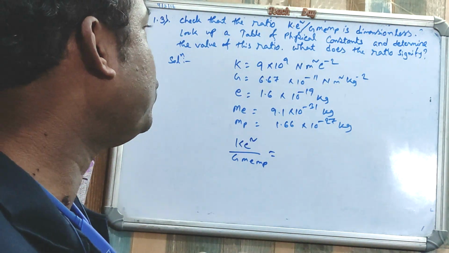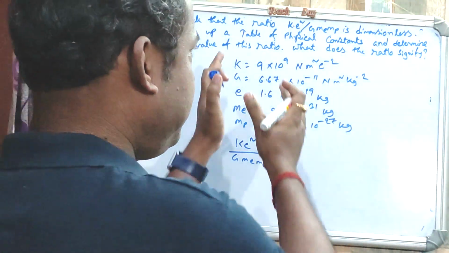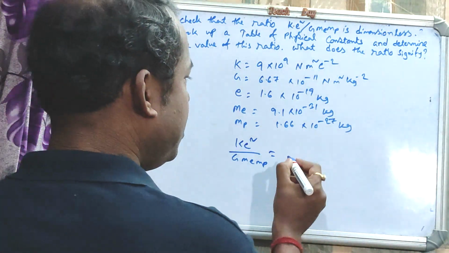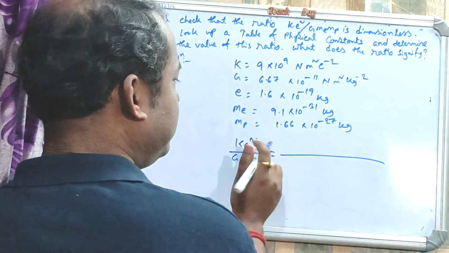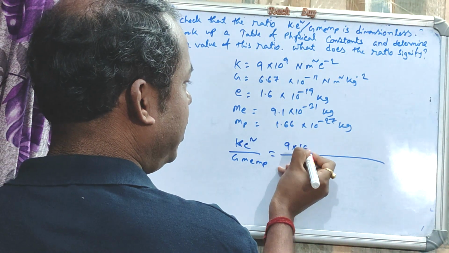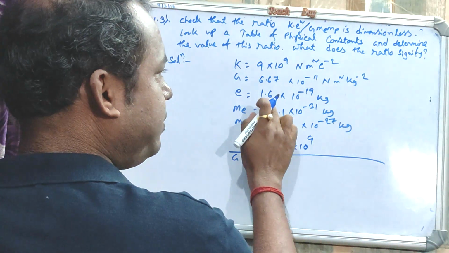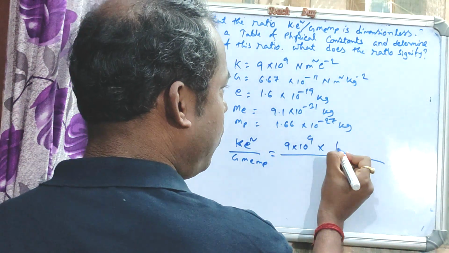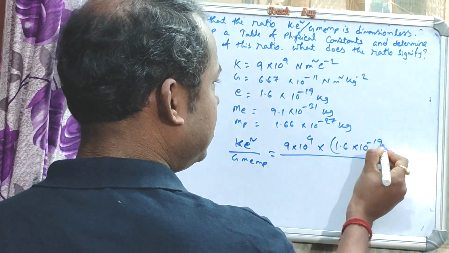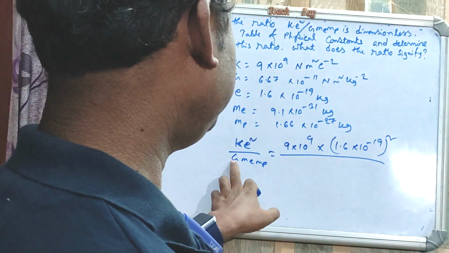Now we want to show you in what way you can calculate this. You just remember these values. Take a screenshot of this, okay, and remember. So first, k into e square. What is k? That is 9 into 10 to the power 9. Divide by G into me into mp. e is 1.6 into 10 to the power minus 19, squared.